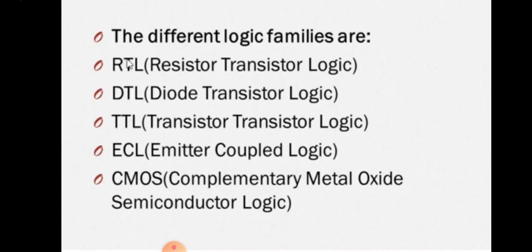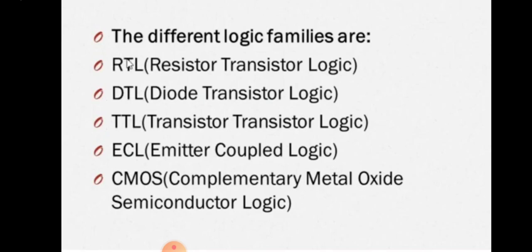The RTL and DTL are the previously used logic families, but after the invention of the ICs, most of the times RTL and DTL are not used nowadays. From all these logic families, the ECL, CMOS as well as the TTL are mostly used nowadays.